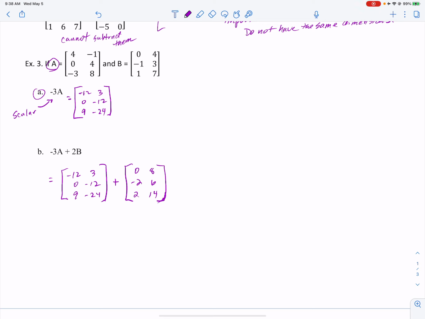And then notice that we're using the brackets there. So now we're just going to add up corresponding elements. So we have a -2, 12 and 0. We have 3 and 8, add up to 11, 0 and a -2, a -12 and 6, 9 and 2, and -24 and 14. So you add corresponding entries, and there is your end result, and that is your final answer for that.